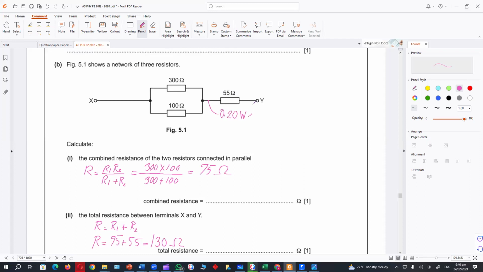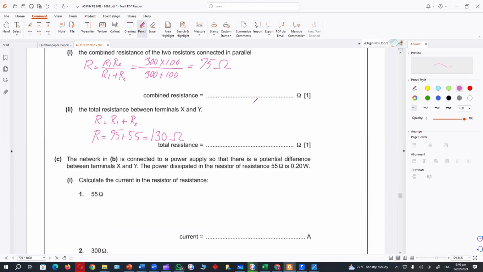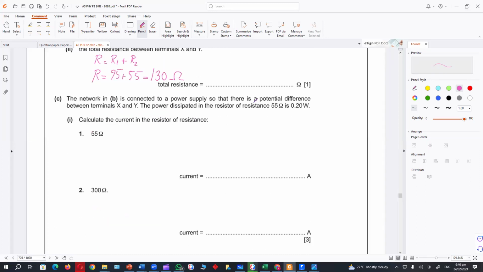We have the power and the resistance, so we can find the current. We can use P is equal to V squared upon R, or we can use power is equal to I squared R.